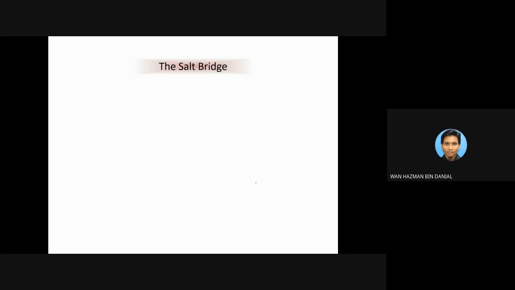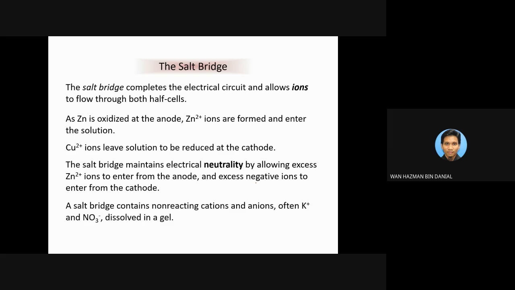Okay, ini sama dia. The salt bridge completes the electrical cycle and allows ions to flow through both half cells. So if zinc is oxidized, zinc ions are formed and enter the solution. So Cu 2 plus leaves solution to be reduced at the cathode.